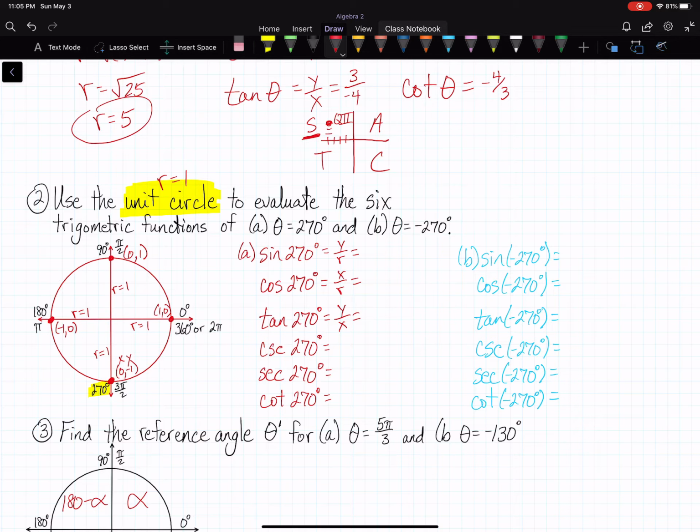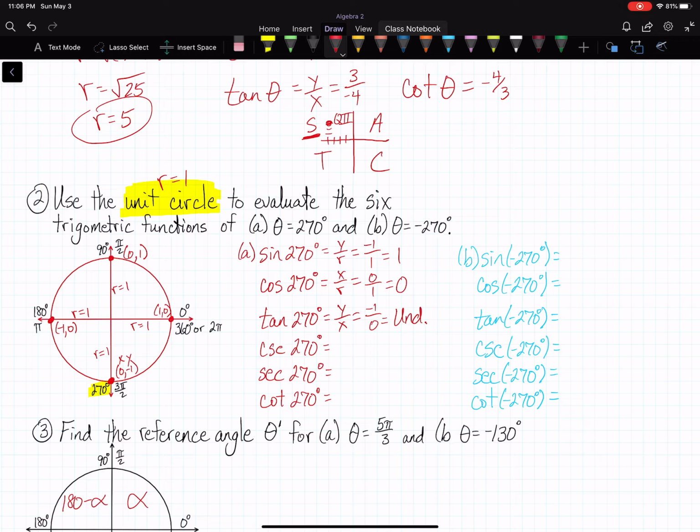You plug in. So y is -1, r is 1, -1 divided by 1 is 1. x is 0, r is 1, 0 divided by 1 is 0. y is -1, x is 0. You can't divide by 0, so that is undefined.